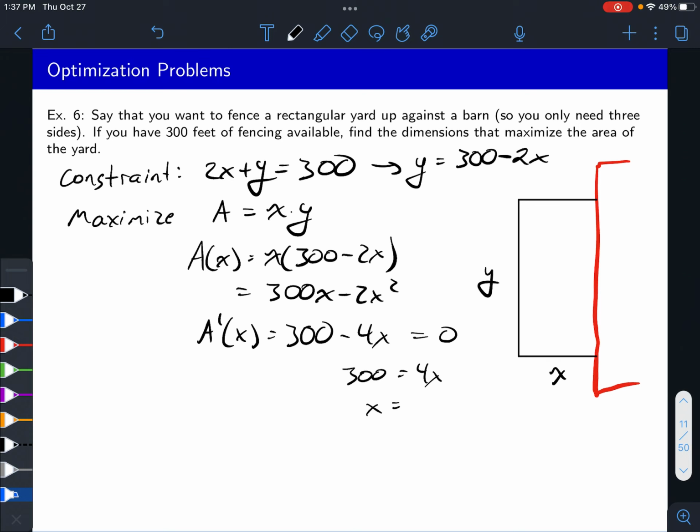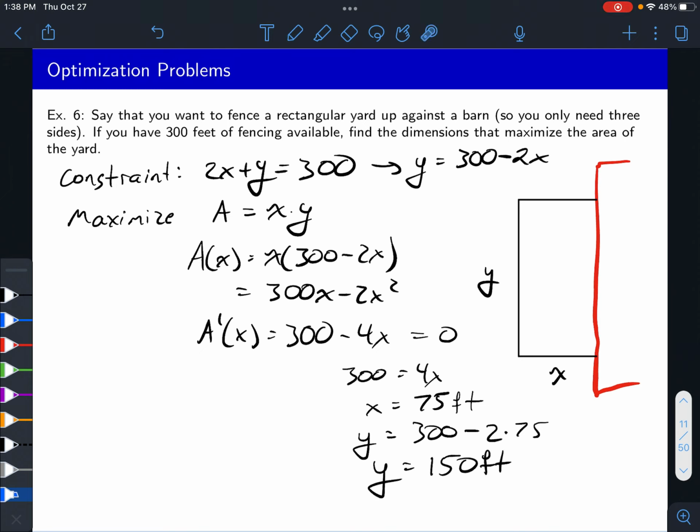300 over 2 is 150. 150 over another 2 is 75. So x is 75 feet. And then y would be equal to 300 minus 2 times 75, which would be equal to 300 minus 150, which is also equal to 150.